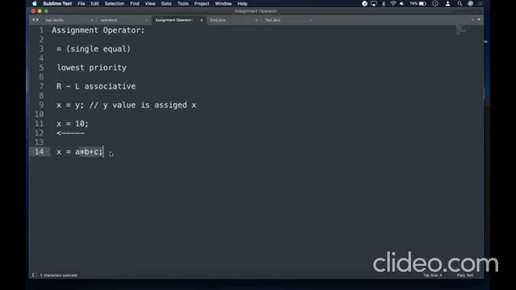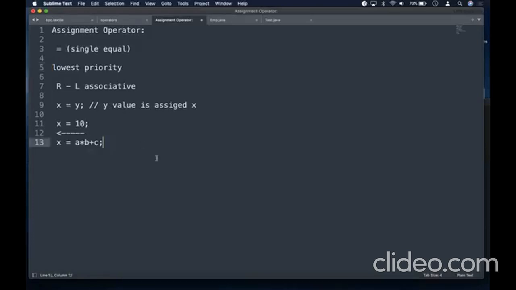This is what right to left associative means. Very simple to understand. A single equal operator, which has the lowest priority of almost all operators we use in expressions, and which is right to left associative. That means the right side value is assigned to the left side.